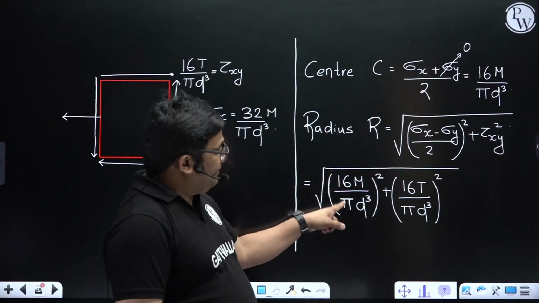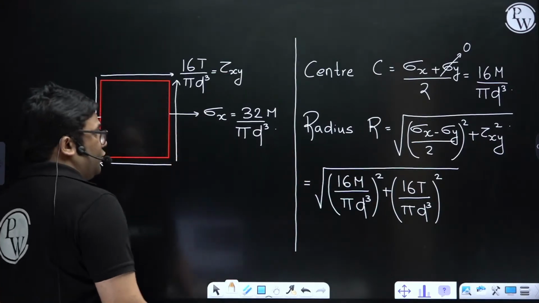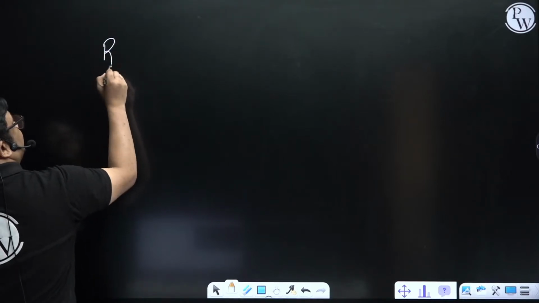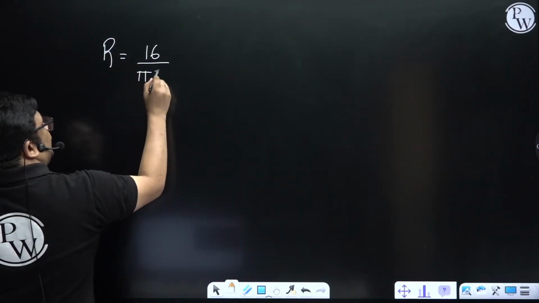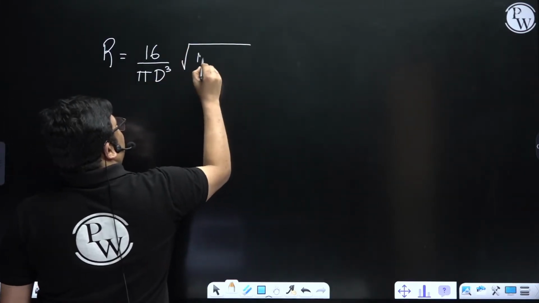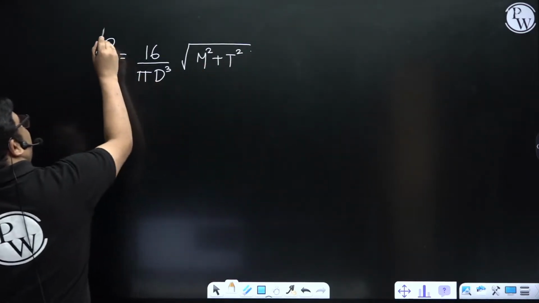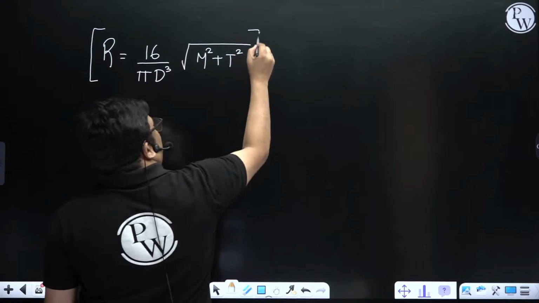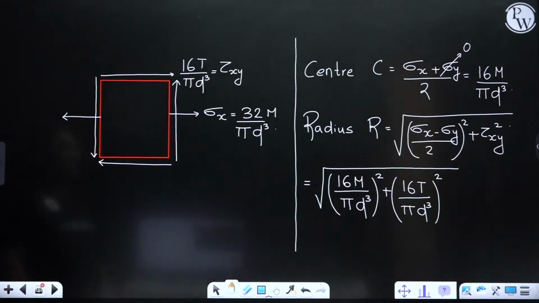So this radius becomes equal to 16 by pi d cube times root under m square plus t square. So I got the radius of the Mohr circle, and I got the center of the Mohr circle, 16m by pi d cube.